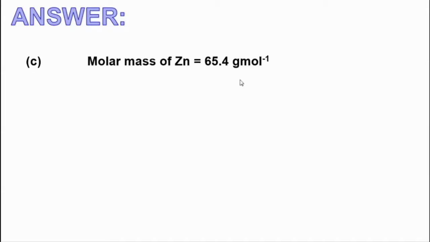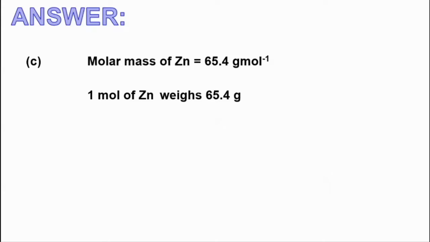Once we have calculated this, we want to determine the mass of zinc that reacted with the hydrochloric acid. This is the molar mass of zinc, 65.4 grams per mole. From this molar mass, we know that 1 mole of zinc weighs 65.4 grams.